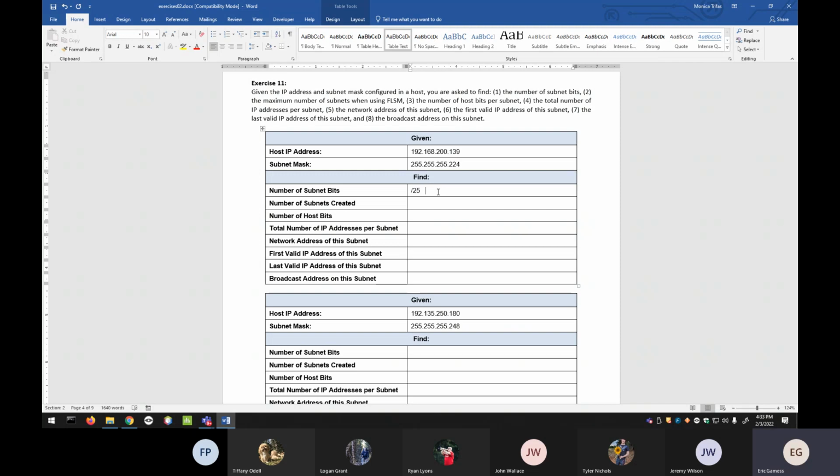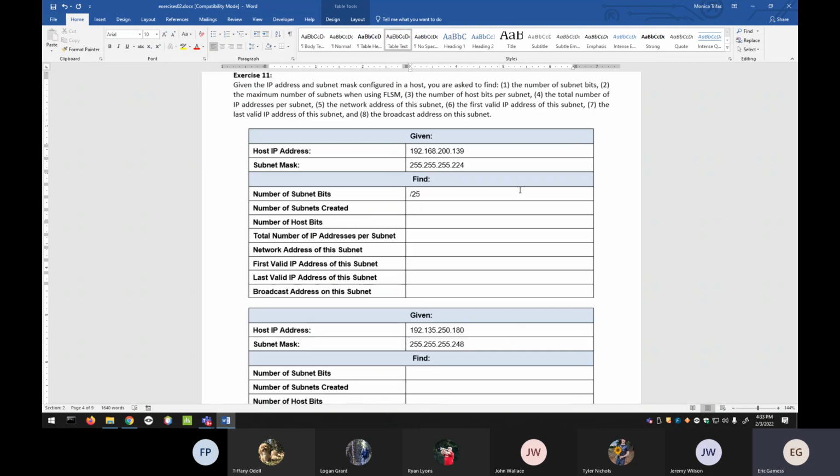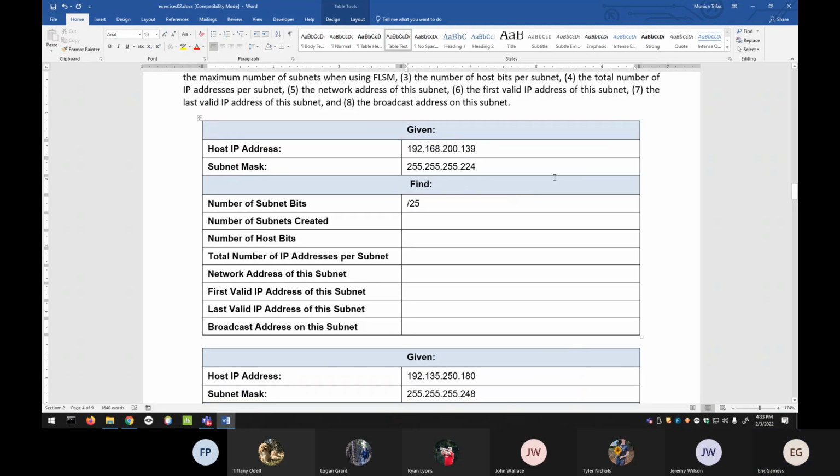/24. And this net mask is what? It's a /27, no? This is a /27. 224 is 11100000. It has three 1s, so 24 ones here plus another three 1s is 27.